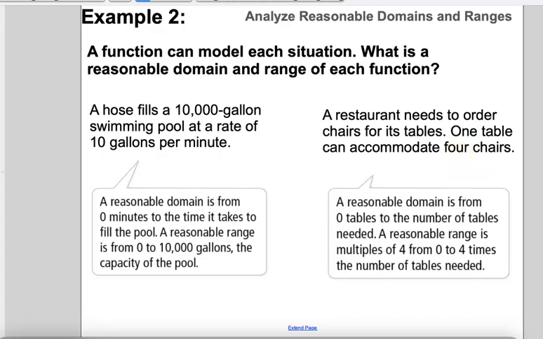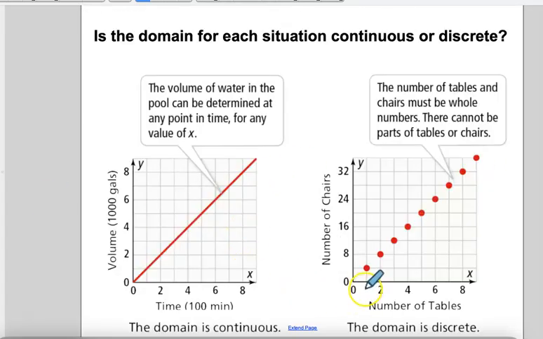For 1 table, we have 4 chairs. For 2 tables, we have 8 chairs. So this makes it a discrete function, because we don't have a fractional amount of tables that we're going to buy. You can't buy 3.5 tables. We can only buy a whole number of tables.